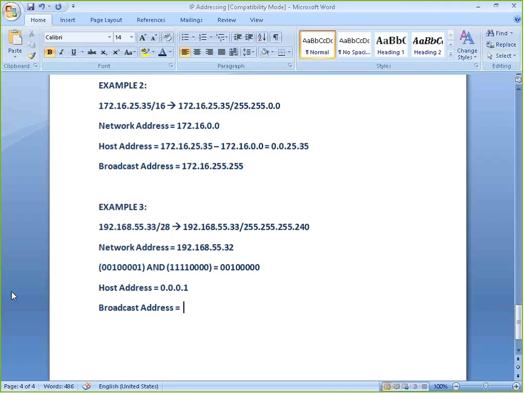Because what you have mentioned, 24 network bits and 8 host bits, is according to the default subnet mask. But since the subnet mask is already given to us, we cannot take the default subnet mask. According to this example, the subnet mask is /28, which means 28 network bits and 4 host bits. Do you understand it very clearly?